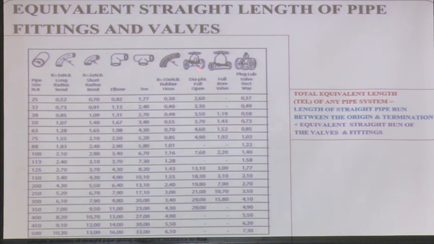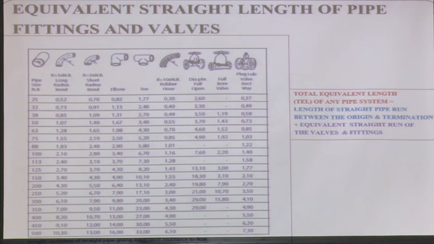Anything, let us say I am picking up a plug valve, okay. If it is a plug valve, then say 150. So, this is equivalent to 2.1 meter straight length of the pipe, as if one plug valve is equal to an addition of 2.1 meter length to the total straight run.